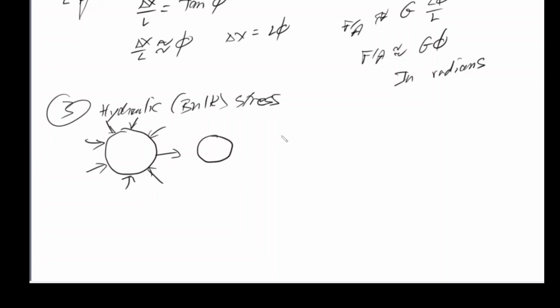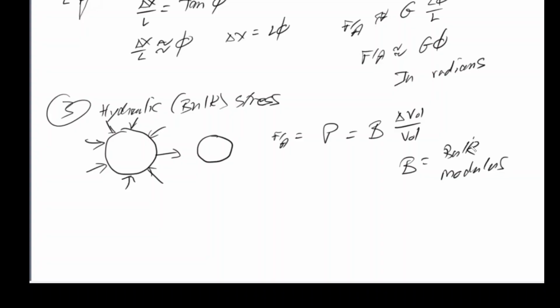In this case, F over A, which we call pressure, is equal to the bulk modulus times the change in volume over volume, where B is the bulk modulus, P is, again, force per unit area, and delta V is the change in volume.